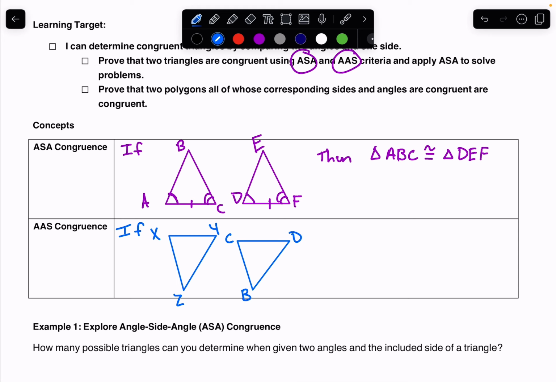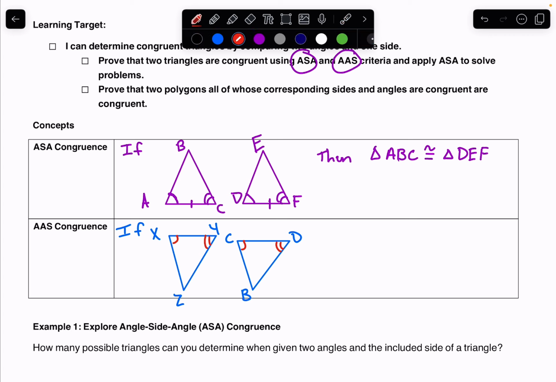And if they have angle-angle-side congruence, that means that they have two angles, one right after the other, in a congruence fashion, and then one of the other two sides, so either XZ and CB or YZ and DB are congruent to one another.